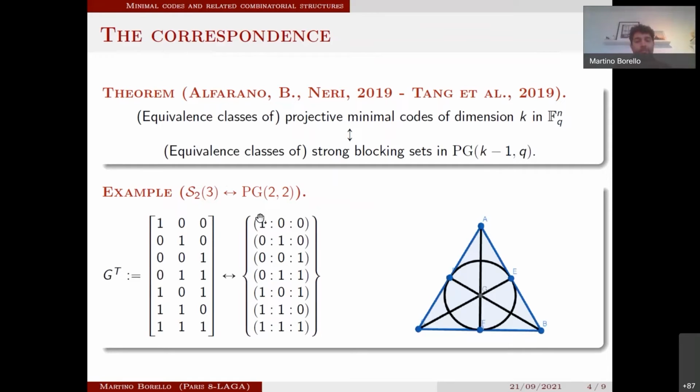You make each column correspond to a point in the projective space, and so each code corresponds to a set of points. If you do this, then your simplex code corresponds to the set of all points of the projective space. This is the so-called Fano plane, and this is the strong blocking set, and the simplex code is a minimal code. So you see the correspondence.